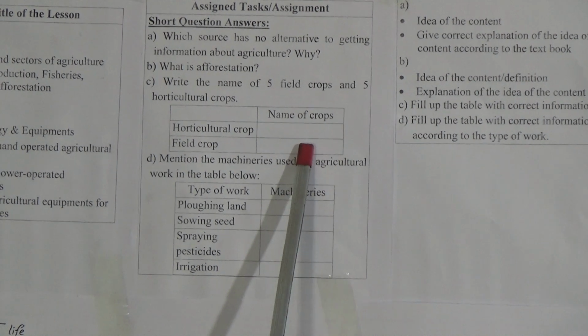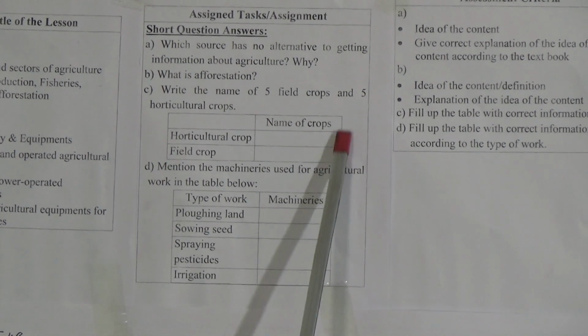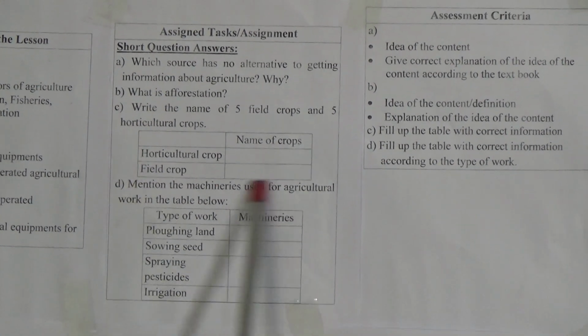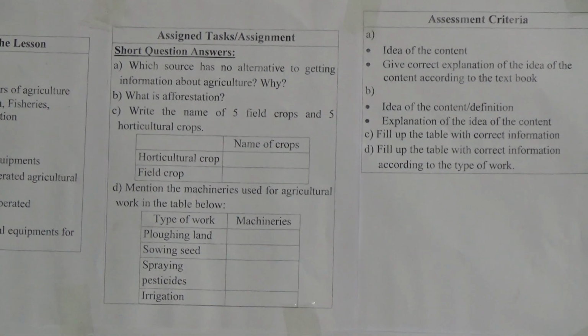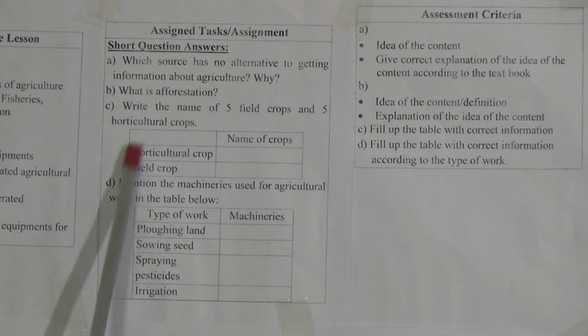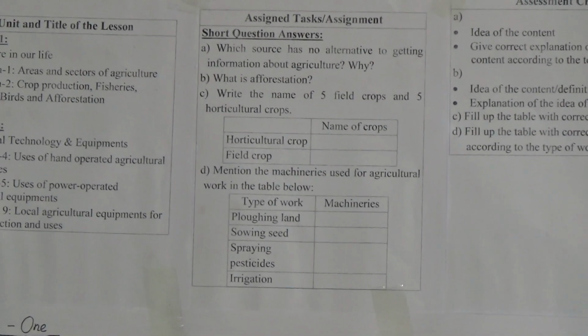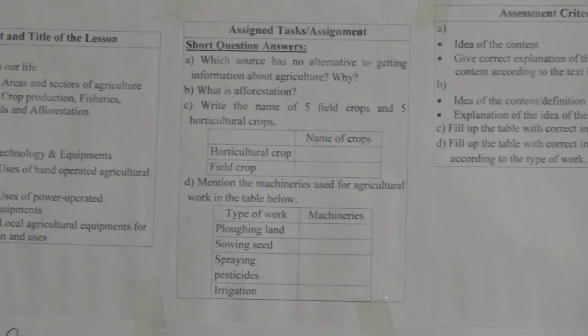Okay, students, you have to fill up this table and write the question answer according to the table. You can collect information from this lesson 2. This is your field crops and here the horticultural crops.